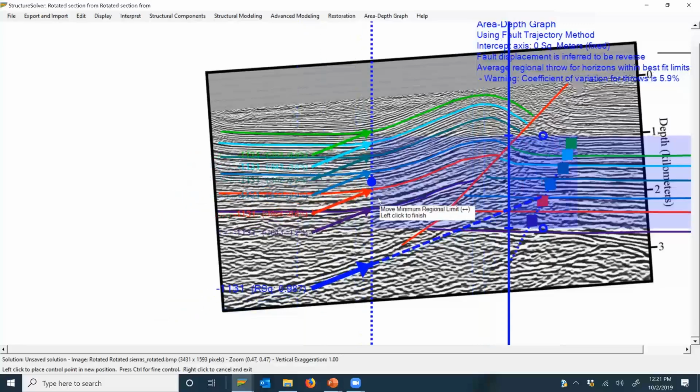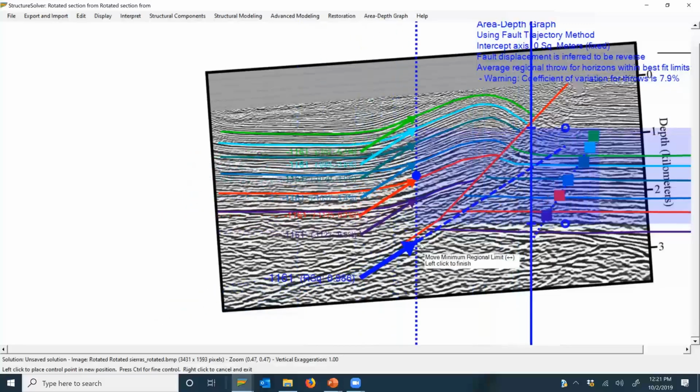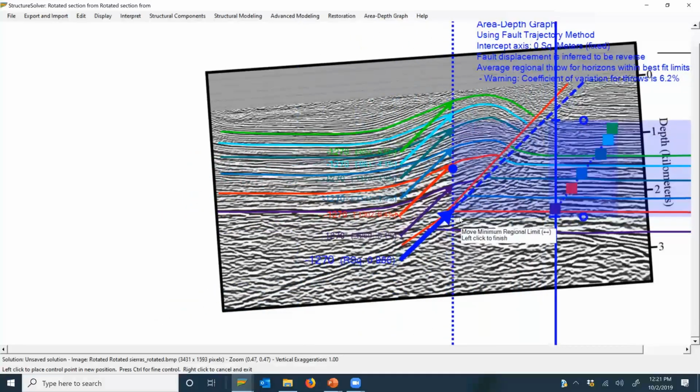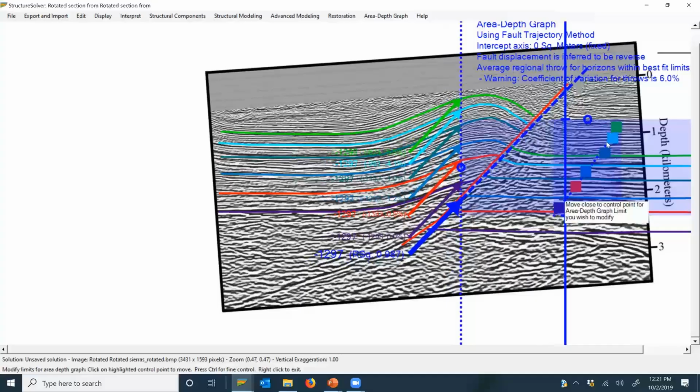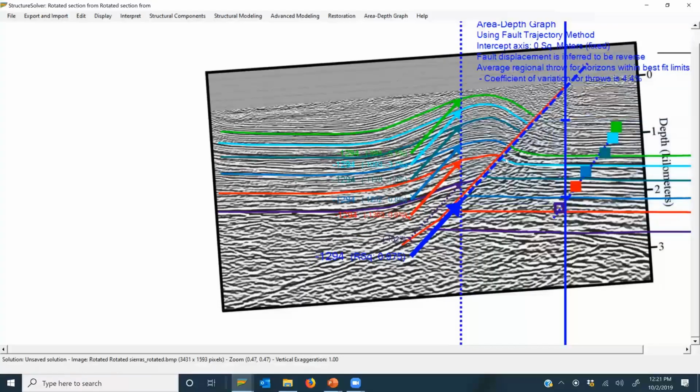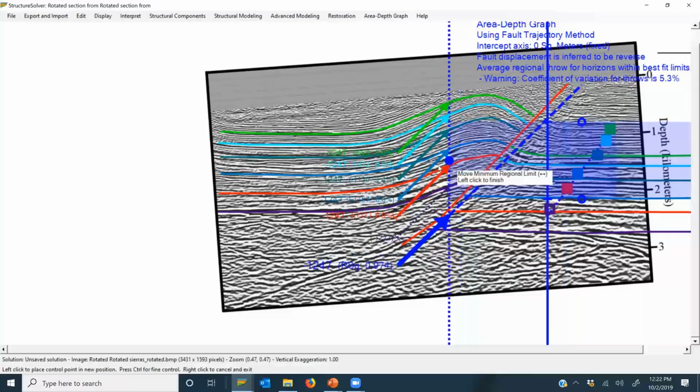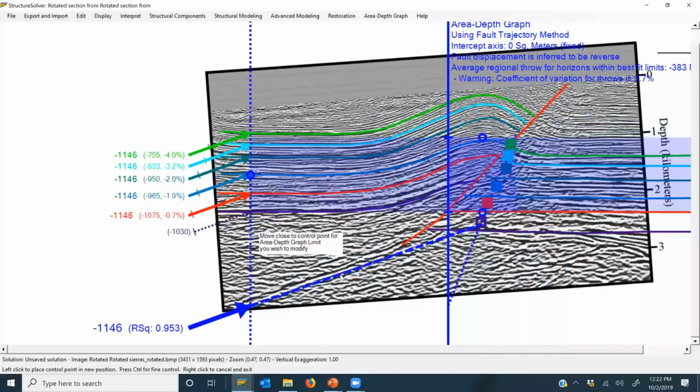And as we change those analysis limits, it recomputes dynamically the position of that fault based on the change in those fold areas as you sweep through different parts of the structure. The practical upshot of this is that if you only have a few of these horizons, you can use it to map out a likely fault envelope that is consistent with the shape of the fold as it's been interpreted in the structure.